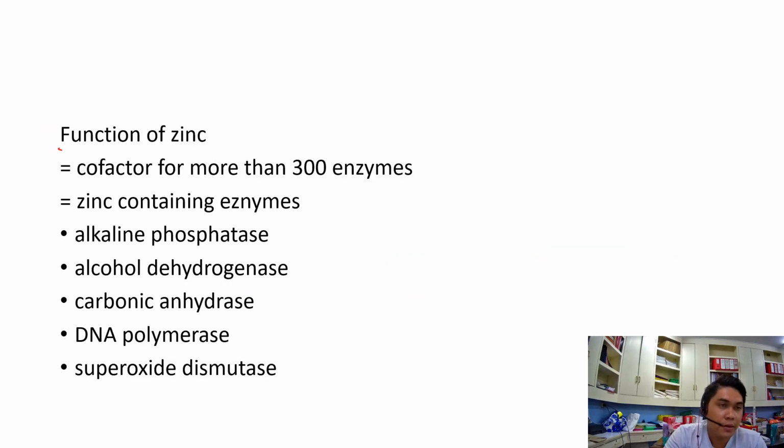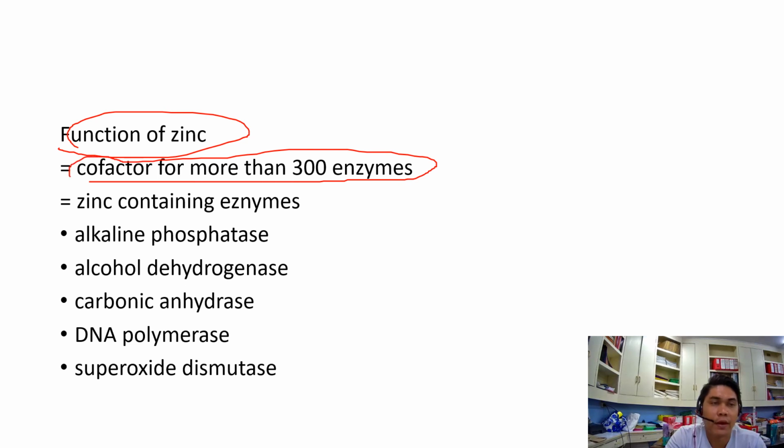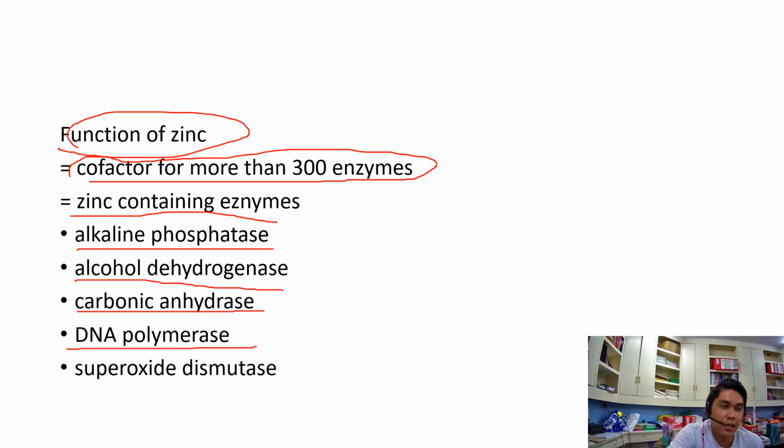Then functions of zinc: it's a cofactor for more than 300 enzymes. So if you have zinc deficiency, you'll have a lot of problems. Examples of zinc-containing enzymes are alkaline phosphatase, alcohol dehydrogenase, carbonic anhydrase, DNA polymerase, and superoxide dismutase.